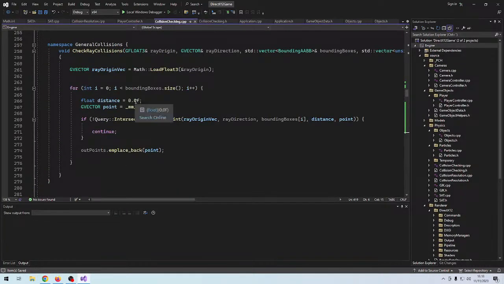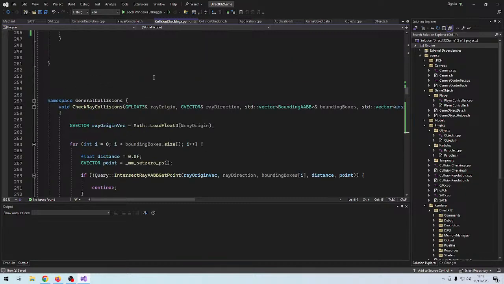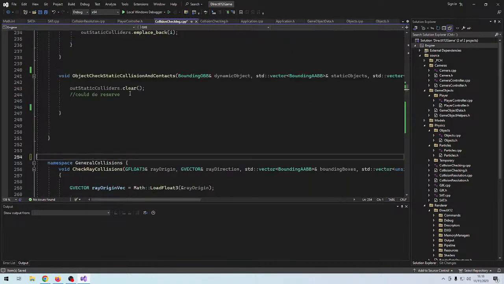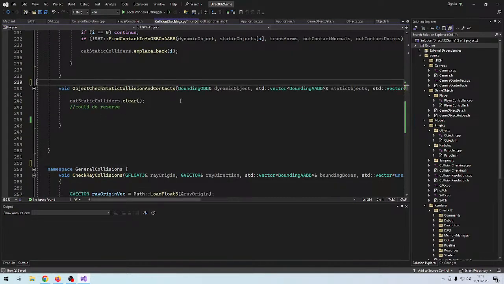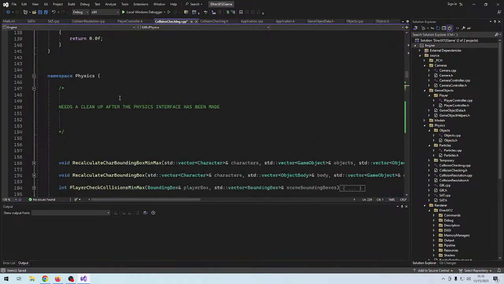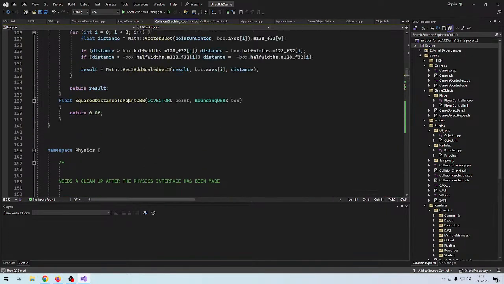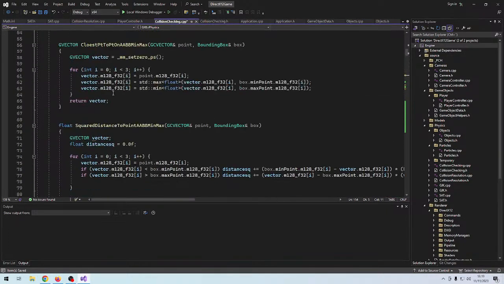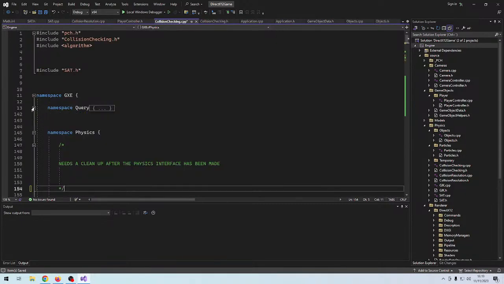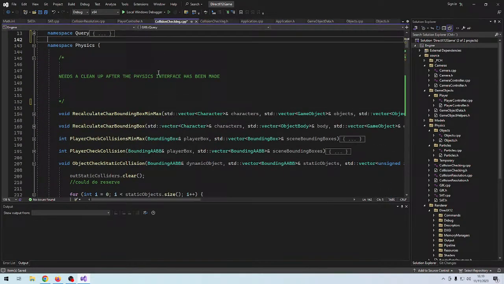Yeah, we have player collisions, which are a separate thing. We have general collisions, and we have our physics stuff here. And we have our queries, which we will close for now.